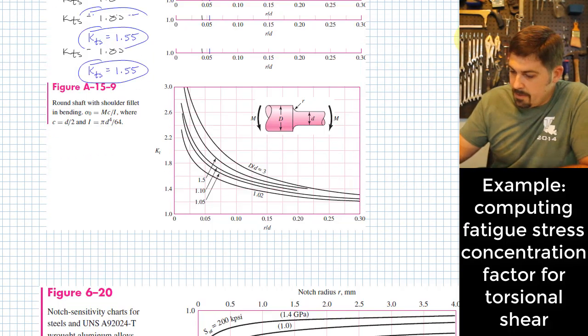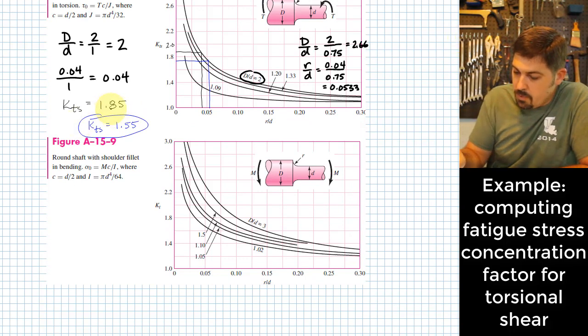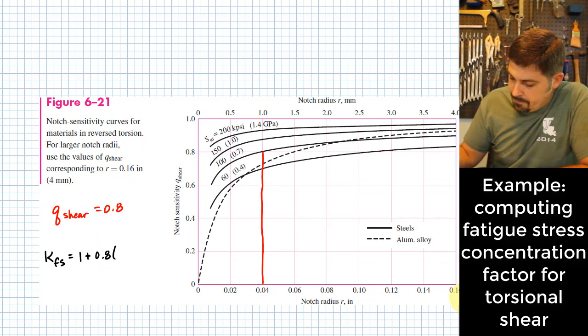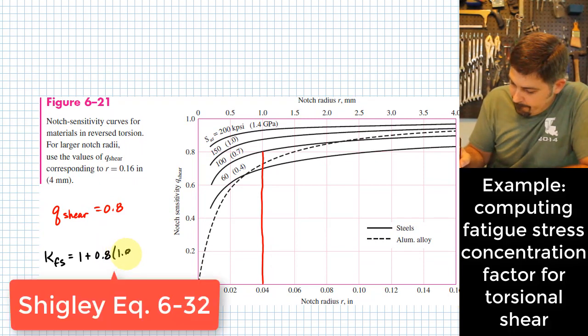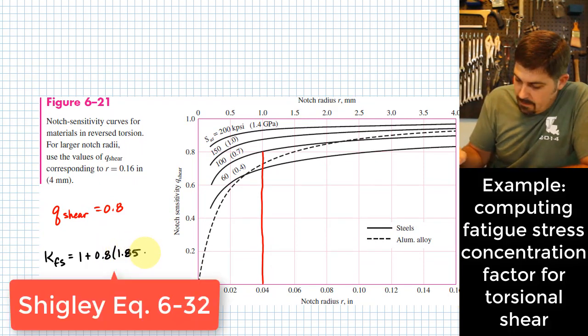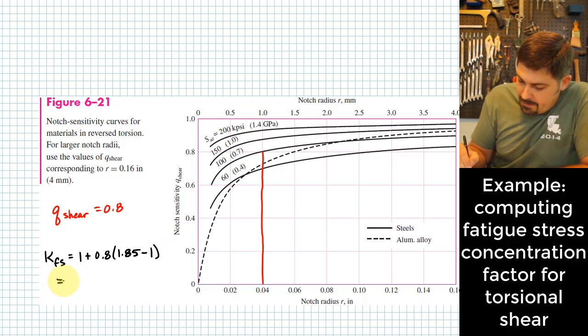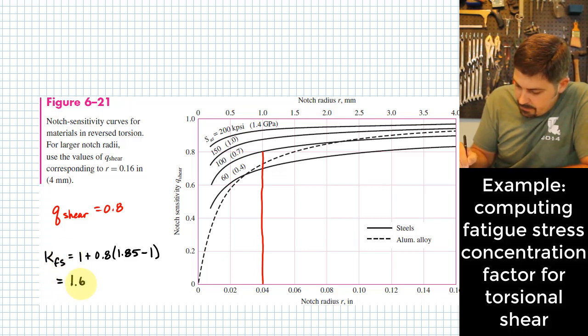K sub Ts was 1.85. And then we subtract 1. If we plug all of that in, then K sub Fs winds up being 1.68.